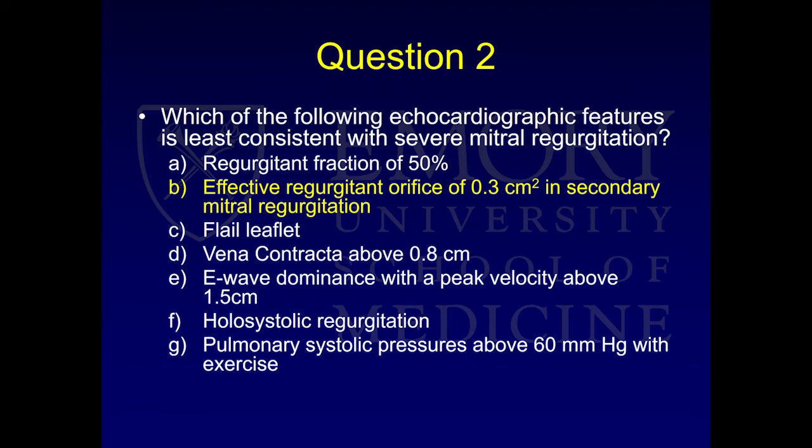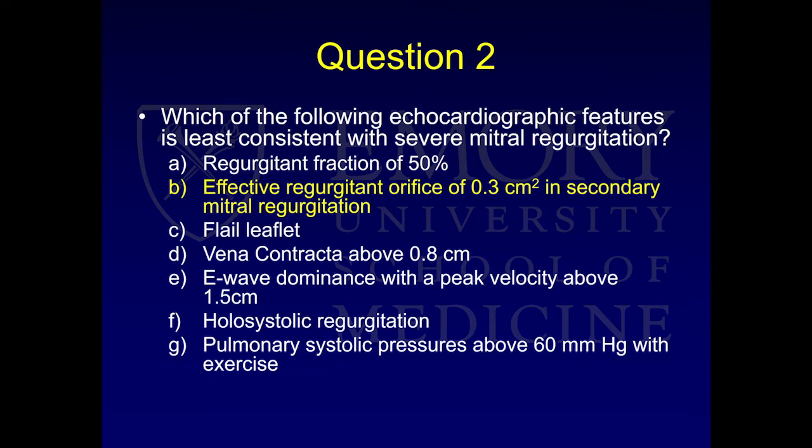So there used to be a cutoff where we said if it's 0.2 in secondary MR, that is severe secondary mitral regurgitation. The reason is that anytime we focus on what is severe valve disease, it's usually because we know that prognostically people don't do well. So they said in secondary MR, if your ERO was greater than 0.2, people had much worse outcomes.